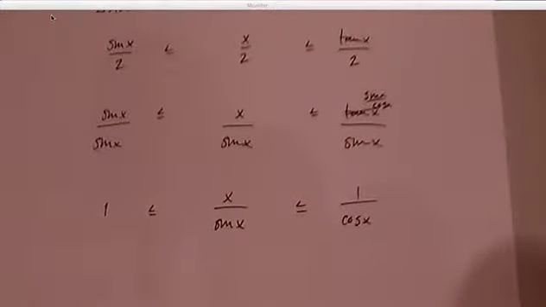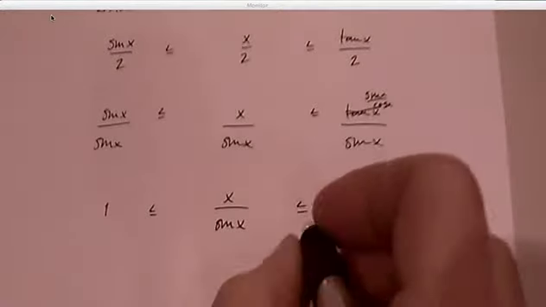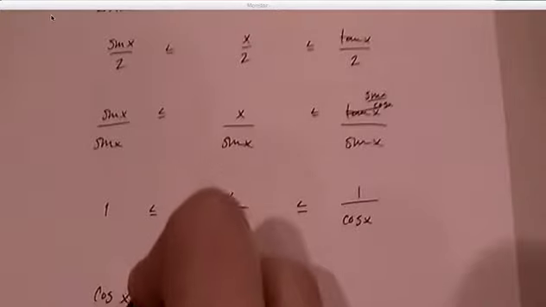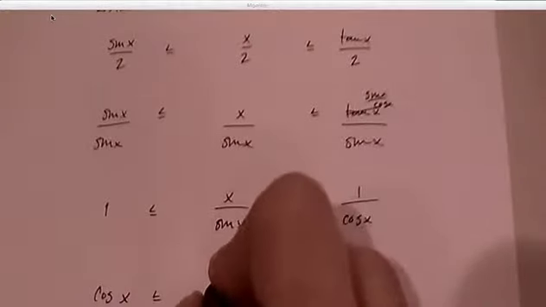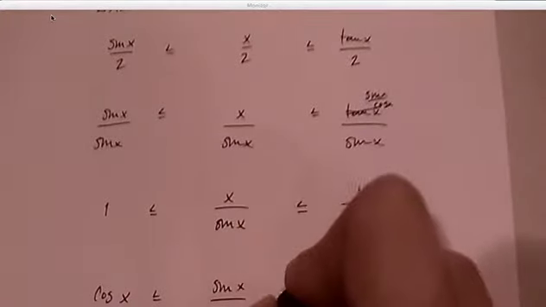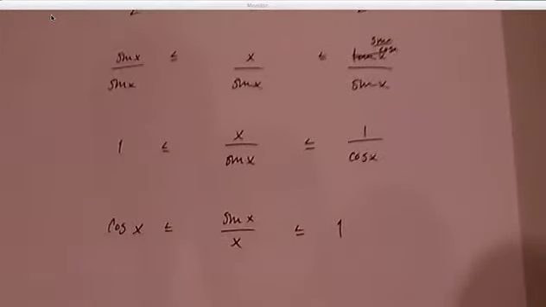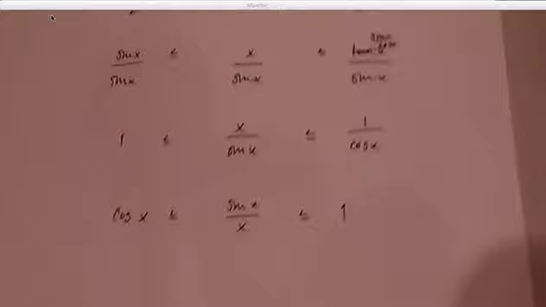Okay? Now, what can I do here? Can I reciprocalize all three of them? Sure, but when I reciprocalize, I need to swap the order and turn it into cosine x is less than or equal to sine x over x, which is less than or equal to 1, which is exactly the three-part inequality that I was counting on.